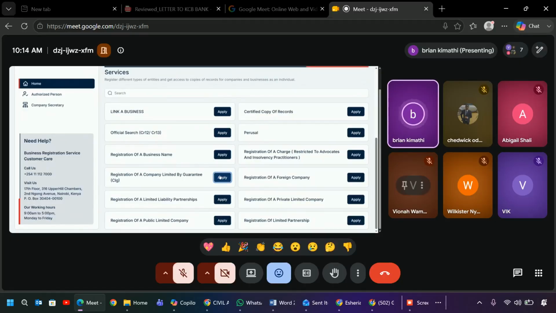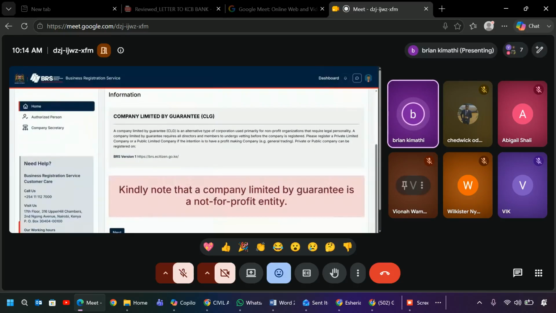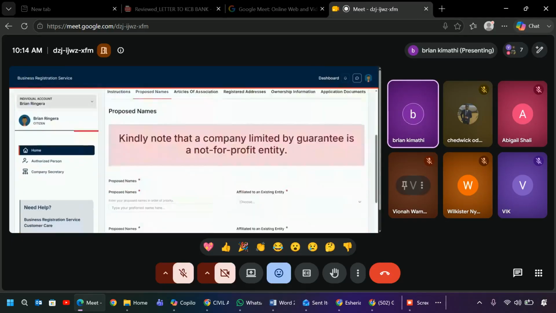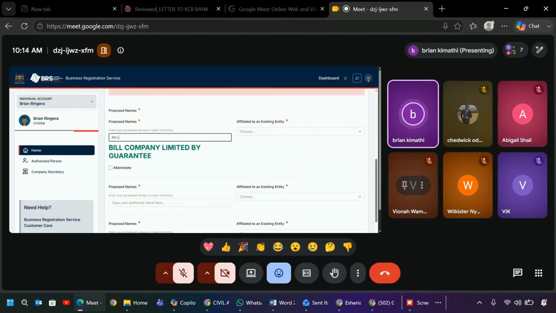So for example, if you click this one, it asks for information. Kindly note, companies limited by guarantee are not for profit. The proposed names, you begin here. If I enter a name that's already in the roll of companies, it will tell me immediately that it is on the roll. So if I enter such a name, let it compute.